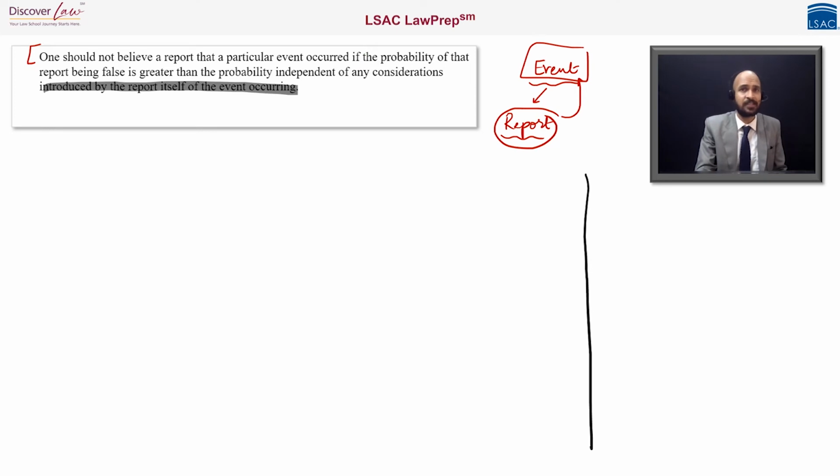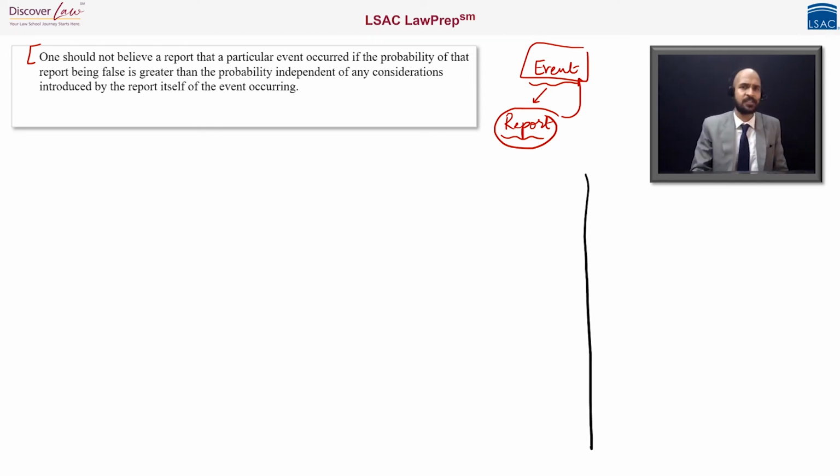It says if the probability of that report being false, okay, do not believe it if the probability of that report being false, I think this is easy to understand, is greater than the probability independent of any considerations introduced by the report itself of the event occurring.